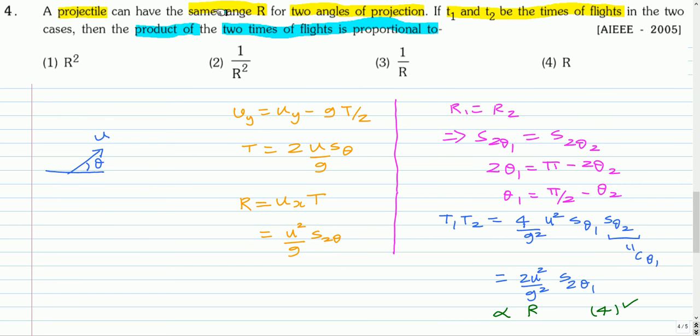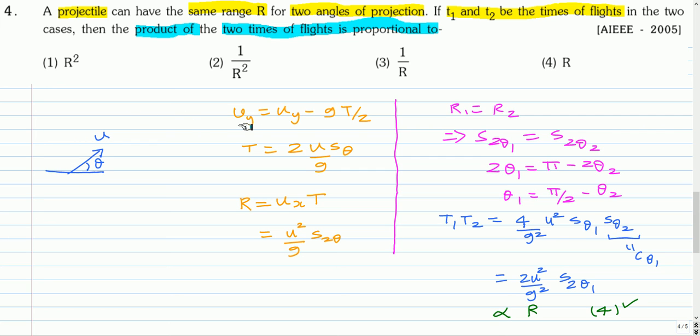A projectile can have range R for two angles of projection. If T1 and T2 are times of flight in the two cases, then the product of times of flight is proportional to what? So the projectile is projected with an angle theta. To get the time of flight, we'll take the motion from the point of projection to the maximum height.